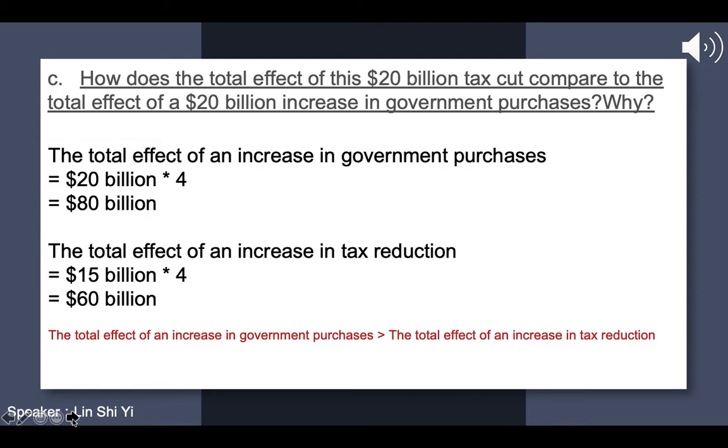And we get the answer is $80 billion. Since both government purchases and tax deduction have a direct impact on aggregate demand, the effects of these two actions are compared. We can see the government purchases have a bigger effect on output than tax deduction.